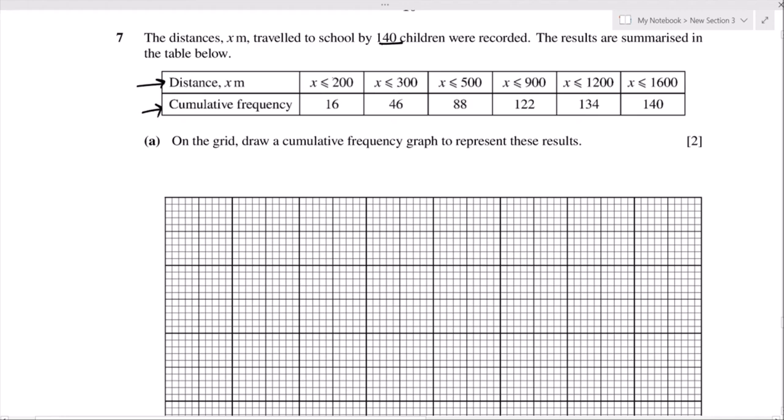Now let's look for the highest value of distance, so that's 1600. I'm just going to scale it first. I'm drawing here freehand, but make sure you draw it with a scale. So this is the distance in meters, and we have it till 1600.